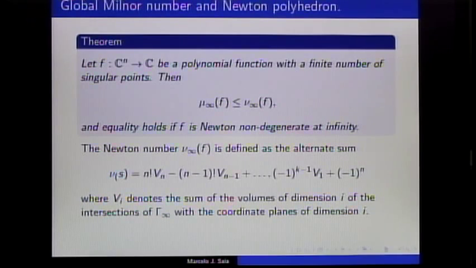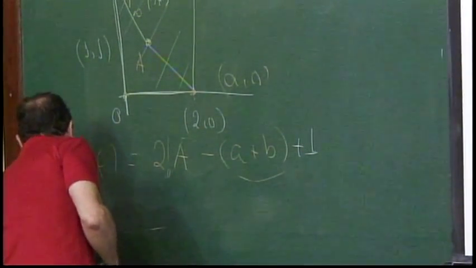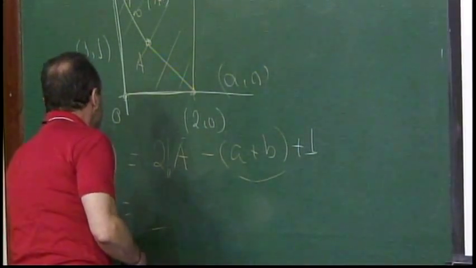The most important is that for polynomial functions, any polynomial function with a finite number of singular points, we have the Milnor number of f always bigger than or equal to the Newton number. The Newton number is defined in an analogous way to the other, but now we have the Milnor number at infinity of the polynomial f.